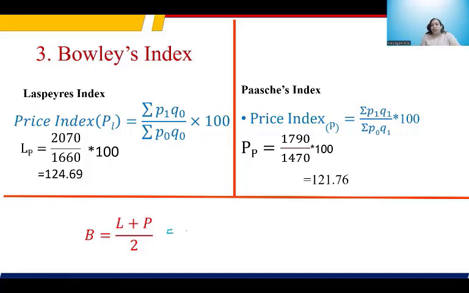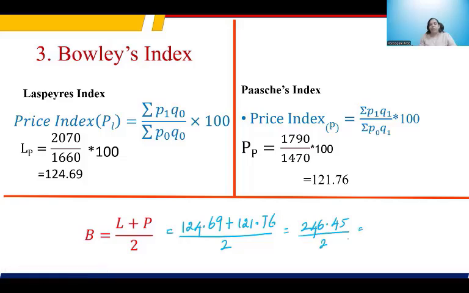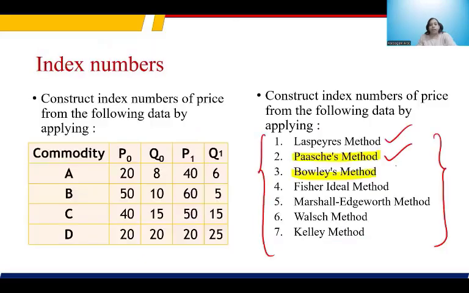What is Laspeyres index? 124.69 plus what is Paasche's index? 121.76 upon 2. This will give us an answer of 246.45 upon 2. When we reduce it, we will have an answer of 123.2. We have finished Bowley's method.